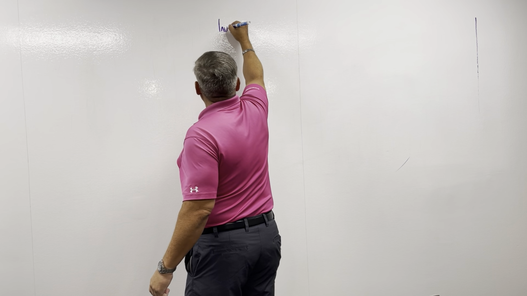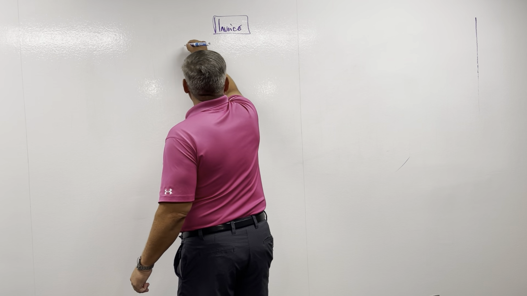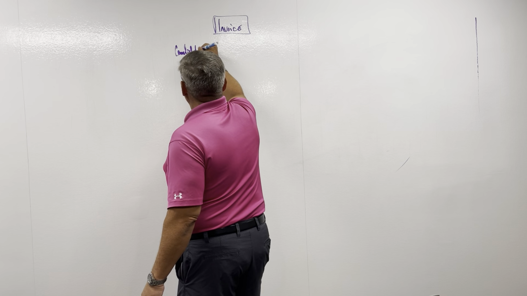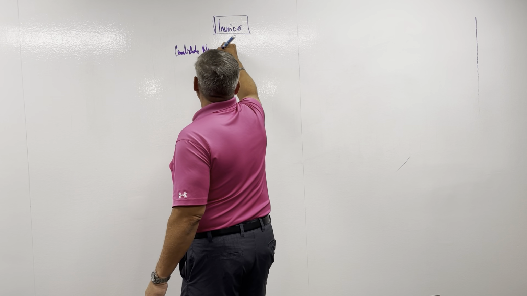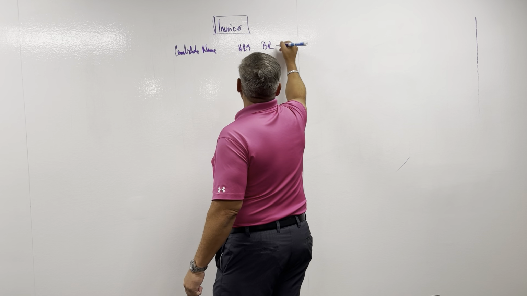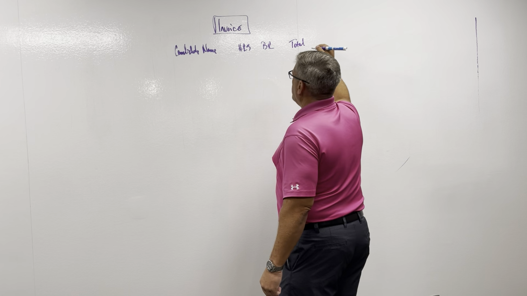So you've got an invoice that's going to have candidate name, hours worked, bill rate, and then a total over here.